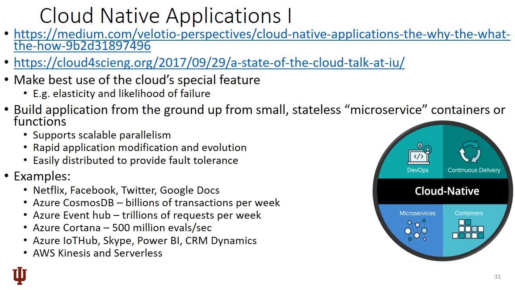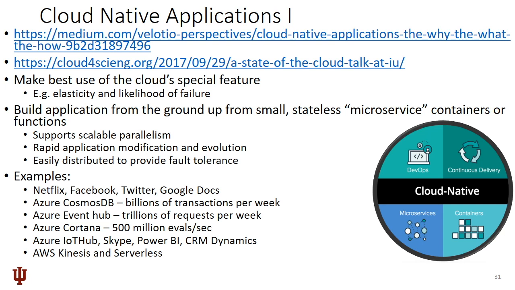Containers and microservices are helping to essentially provide these cloud-native applications. As examples from companies that have adopted this particular process, that has an always running infrastructure, that uses DevOps to improve their infrastructure, that uses microservices and containers in the back end, we see Netflix, Facebook, Twitter, Google.